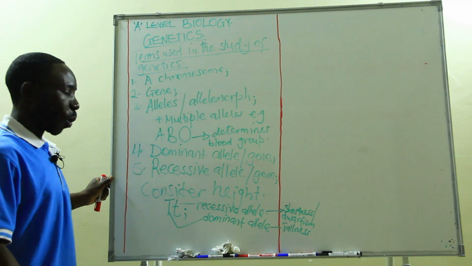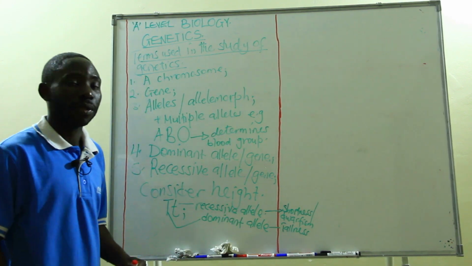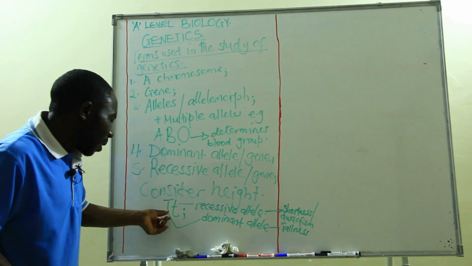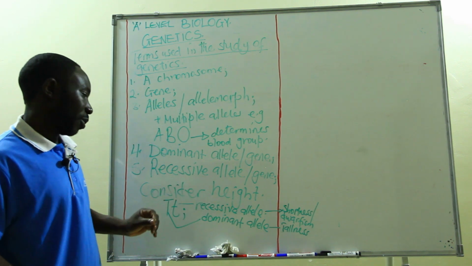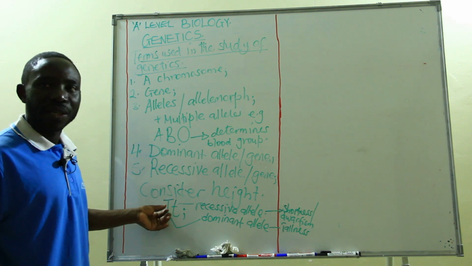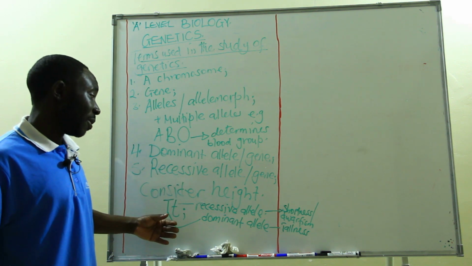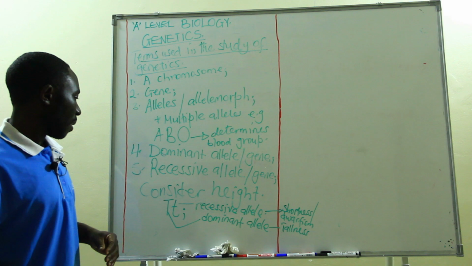So we have shortness and tallness. These alternative forms are called alleles, and they denote a gene that determines height in organisms such as peas.